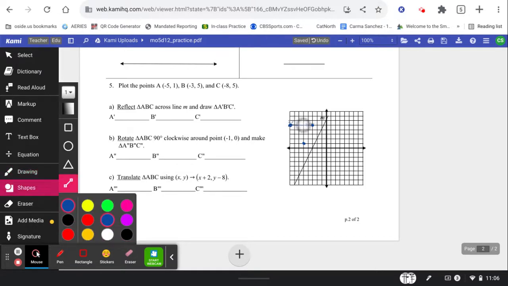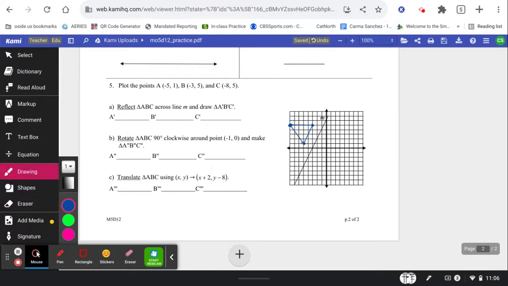And then I'm going to connect this. And they tell us the point names here. Negative 5, 1 is A. Negative 3, 5 is B. And negative 8, 5 is C. So here's my starting triangle. If you can make sure to have that all on there before we go do this.